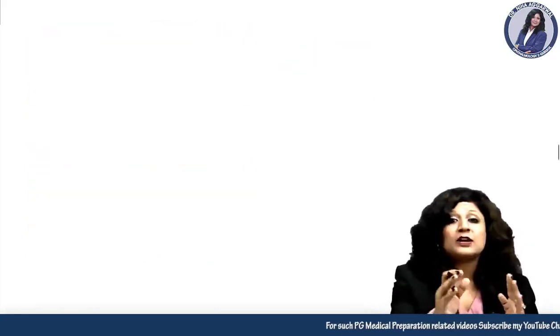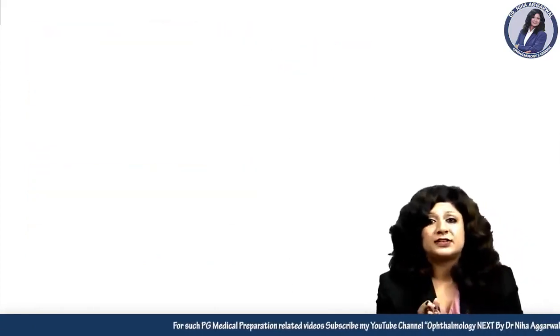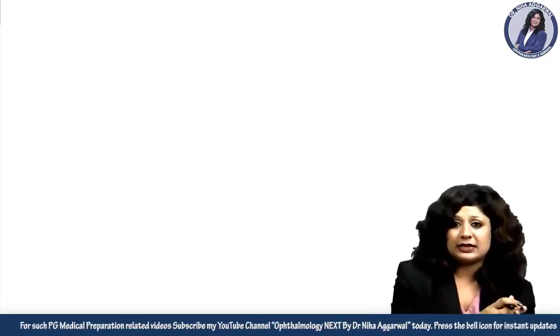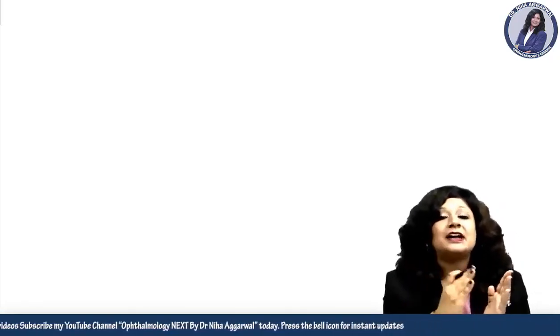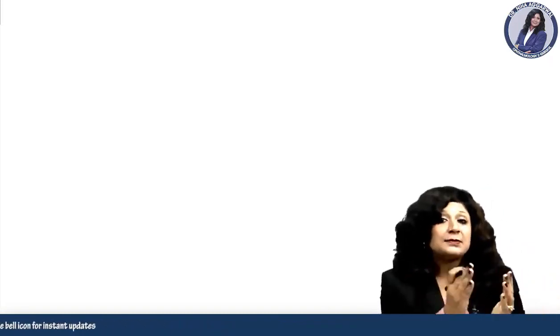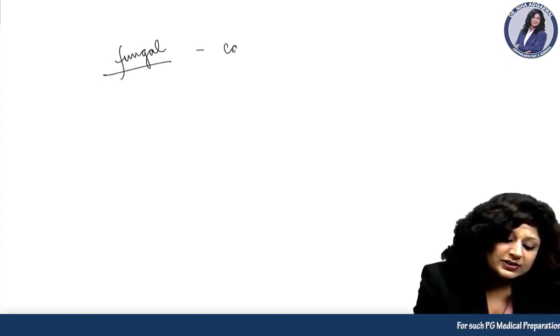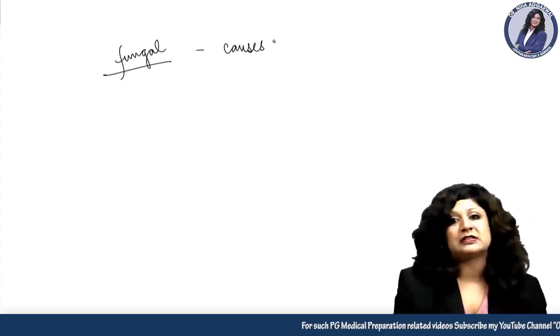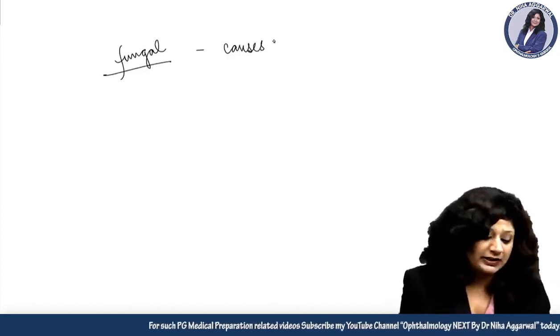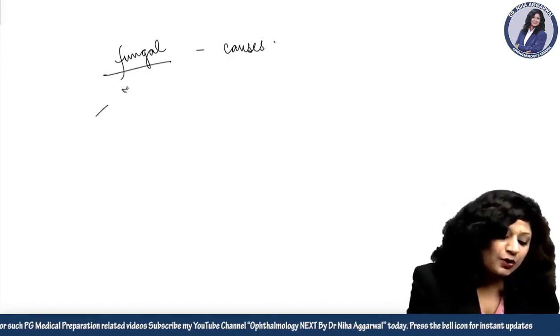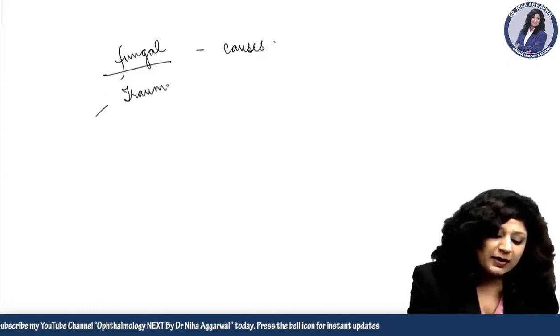Alright, now what are the most important causes? If I talk about the bacterial corneal ulcer, I told you that it was actually epithelial erosion due to any cause. Similarly, if I am talking about the fungal corneal ulcer, what are its important causes? The important cause of the fungal corneal ulcer is trauma due to vegetative matter.